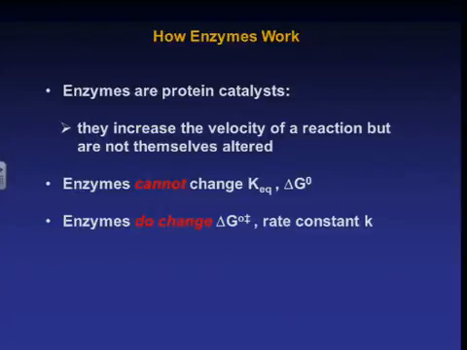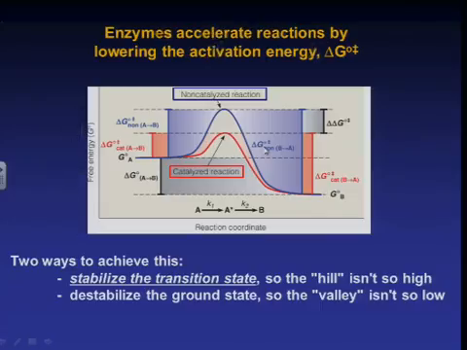So when you think about a catalyst or an enzyme, you say it's not altered, and then invariably someone will say, wait a minute, it's being modified, it's binding the substrate, there's a covalent bond here. It does undergo changes during the reaction, but it has to be regenerated back to its initial starting point so that it can do multiple rounds. So that's what we mean by they're not themselves altered.